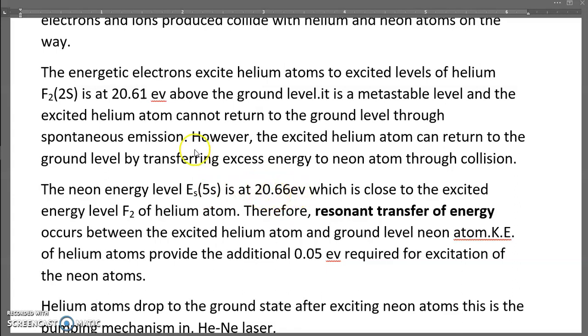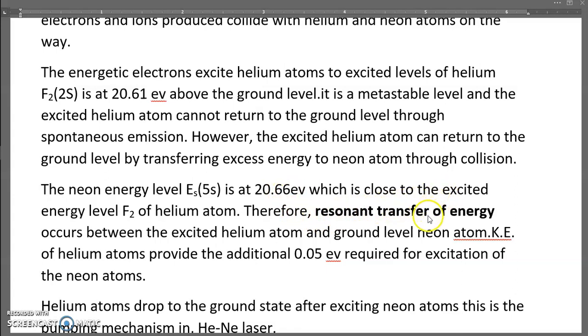Now this is close by to the excited level F2 of the helium atom. Therefore, there is resonance, since they are almost equal, 20.61 and 20.66, so there is resonance. However, the difference between them is 0.05 electron volt.